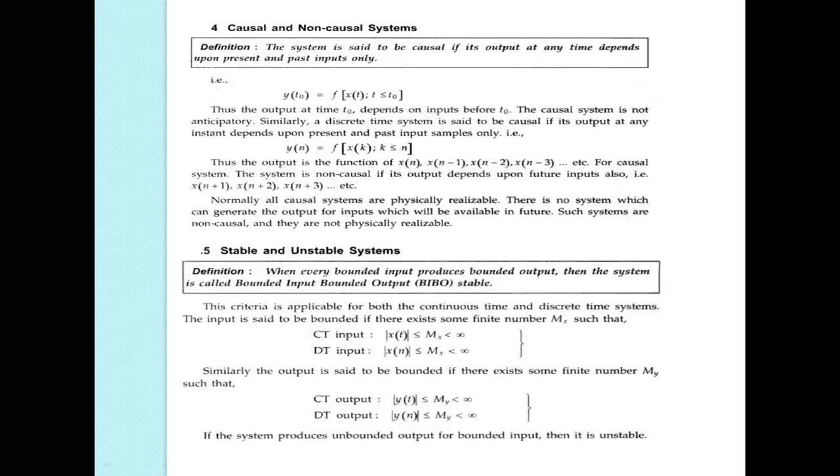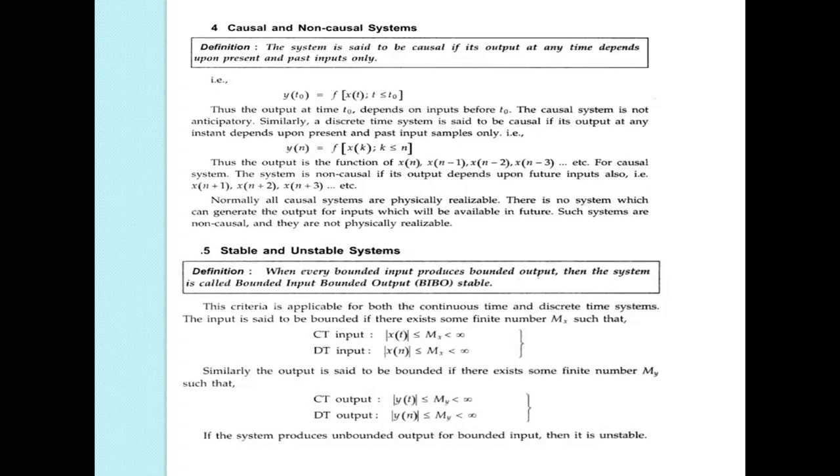Coming to the fourth one, causal and non-causal systems. A system is said to be causal if its output at any time depends on, as we already learned, if it depends upon the present input only, it is static.